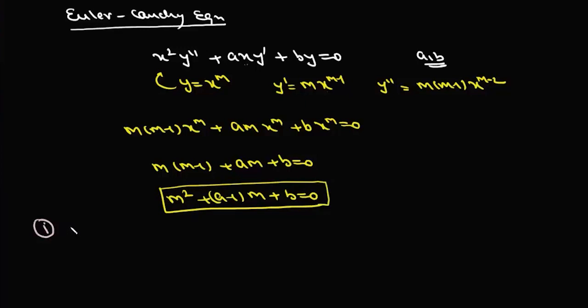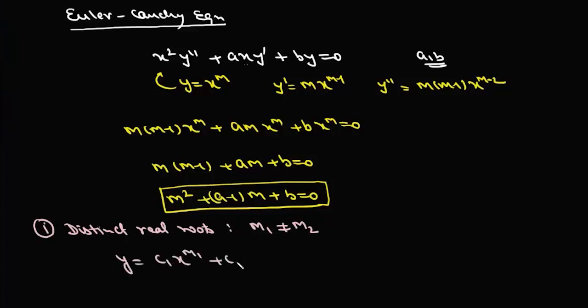Case 1, when we have distinct real roots, and suppose the distinct real roots are m1 and m2. So in this case, its solution will be given by y equals c1 x to the power m1 plus c2 x to the power m2.